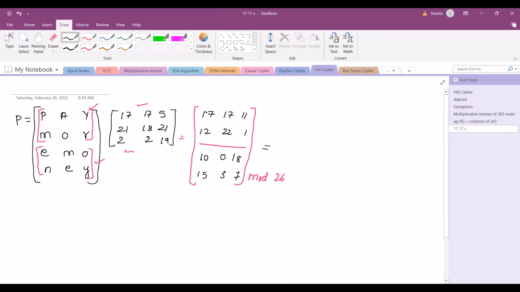So according to this, we have to write the corresponding ciphertext. Okay. So this is how we can perform it. Similarly, in case of decryption also, you take this ciphertext matrix and multiply with K inverse. So we will be getting the decryption.